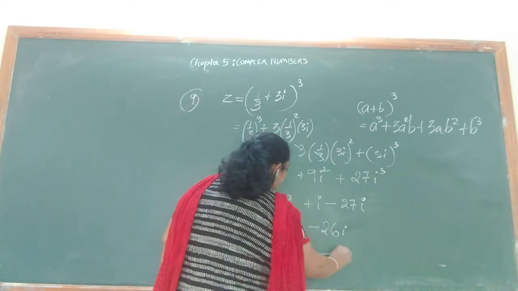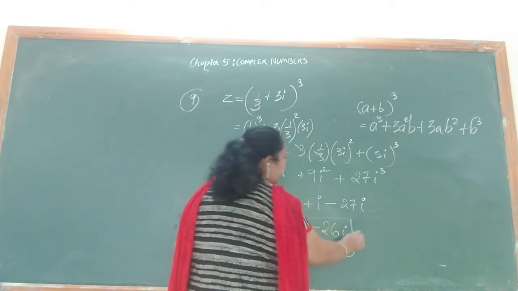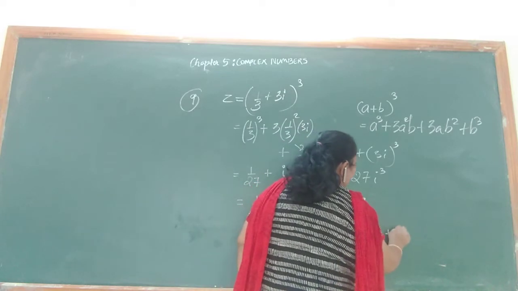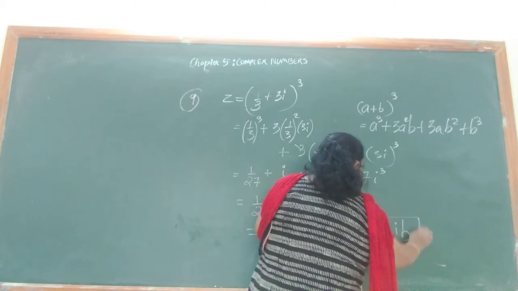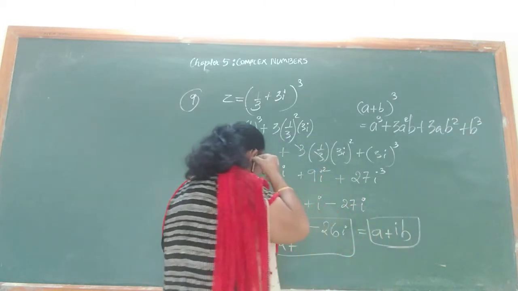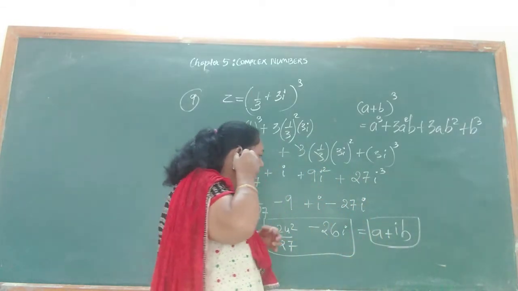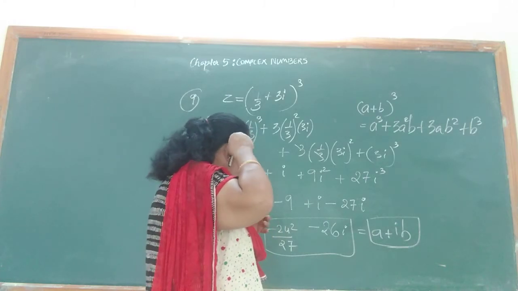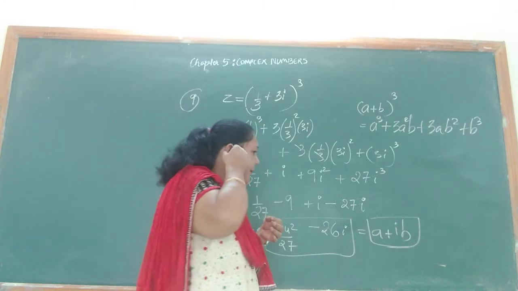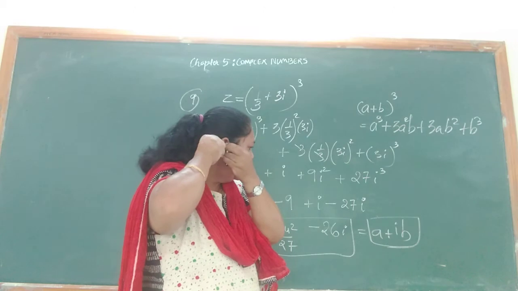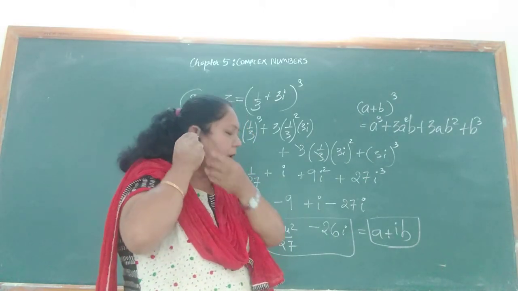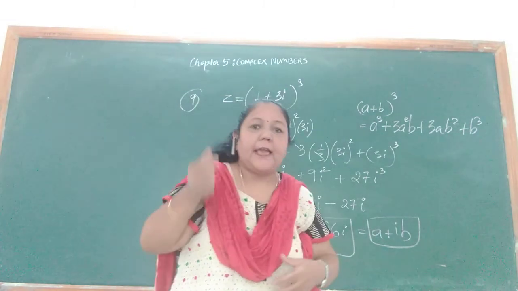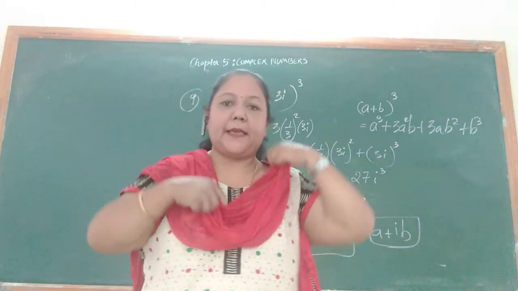So I have taken my LCM, simplified and converted it into a plus ib form. Okay, children? So finally I got it into the a plus ib form.